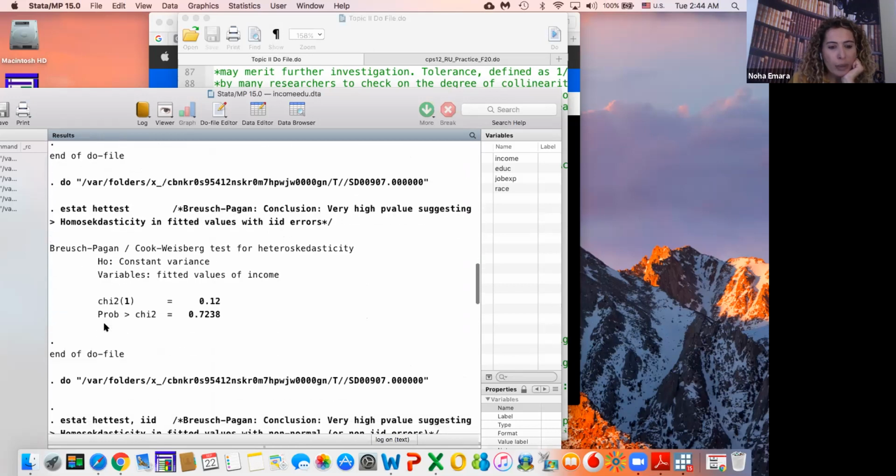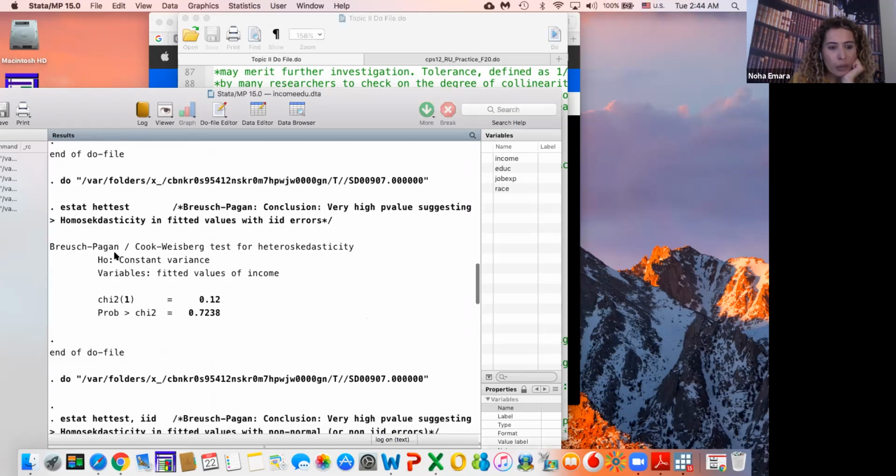Okay. Remember, every time you're talking about the null hypothesis, here it's constant variance or homoskedastic. Now, this exceeds the 5%, high probability of constant variance, then homoskedastic. There is a high probability, 72.38%, which exceeds the 5%, then we have homoskedastic.